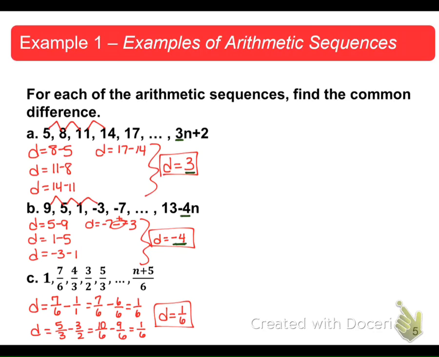Coincidence? I don't think so. But now on the third one, it's a little harder to see. But remember, n plus 5 over 6 means n over 6 plus 5 over 6, or you could have even written that as 1/6 n plus 5 over 6. So once again, that 1/6 is your slope. So if I give you the equation, you know your common difference is going to be your slope.